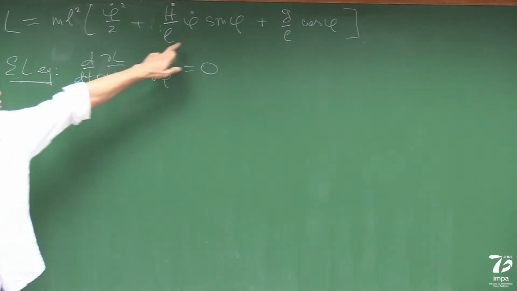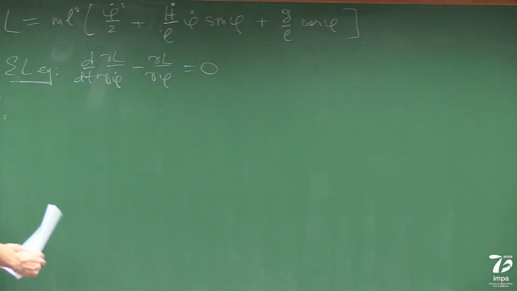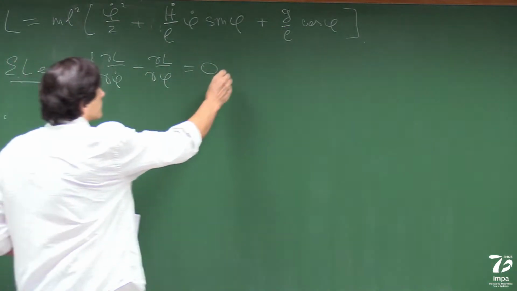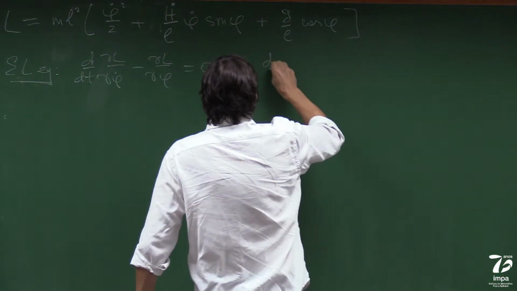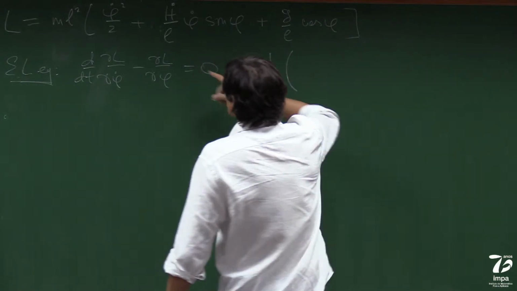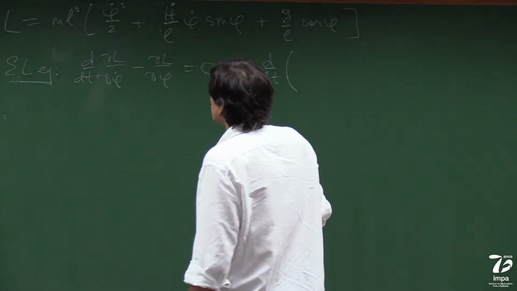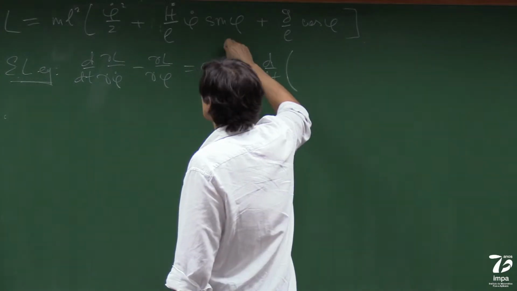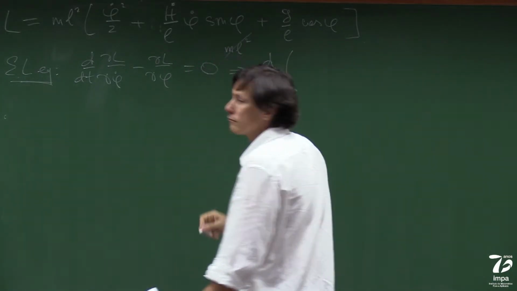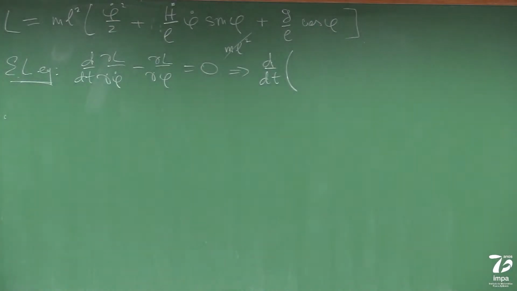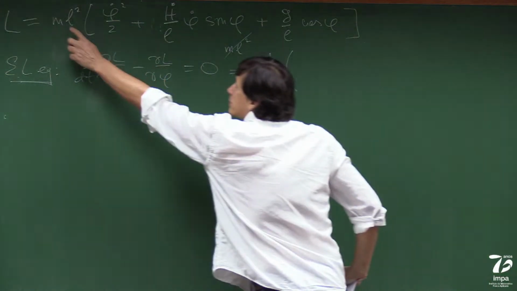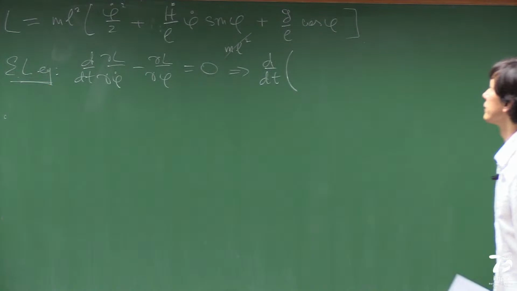The derivative comes in two terms. So we can forget about the prefactor, because it will multiply all the terms. So let's cancel it from the beginning.